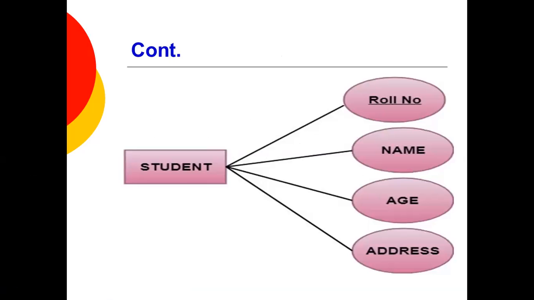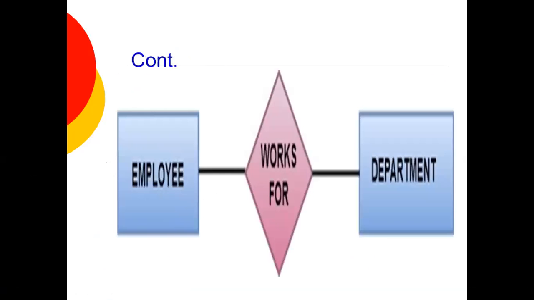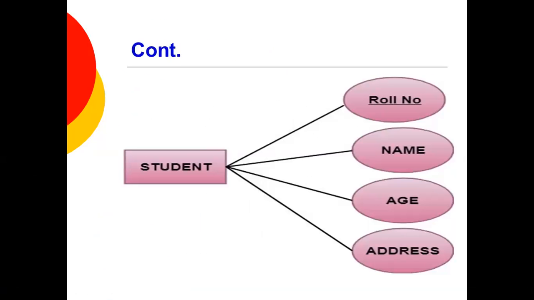Now you can consider the student here, which is in a rectangle shape. Sorry, what is this called? It is an entity. So the rectangular shape here is the entity, and this symbol is called the entity, student.